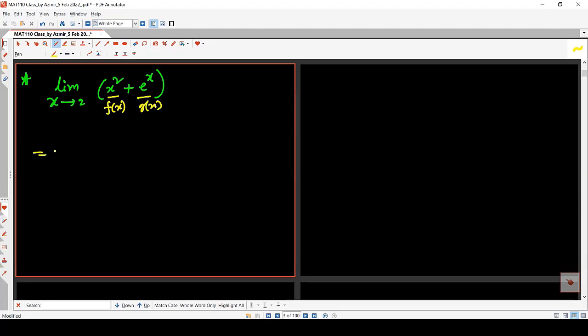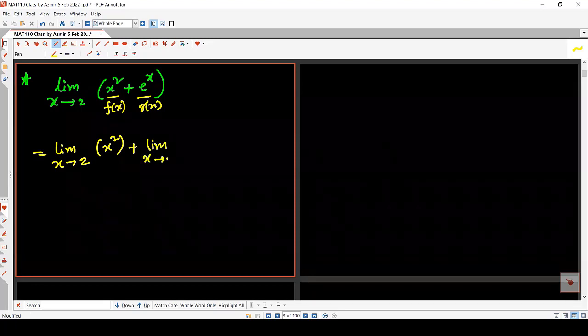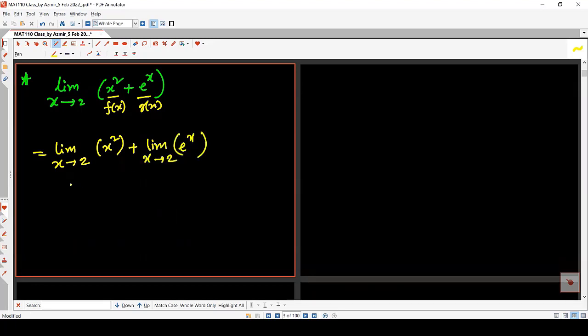So what we can do, we can write this one as limit of x squared plus limit of e power x. So now we have to input 2 where we have x. So we are plugging 2.